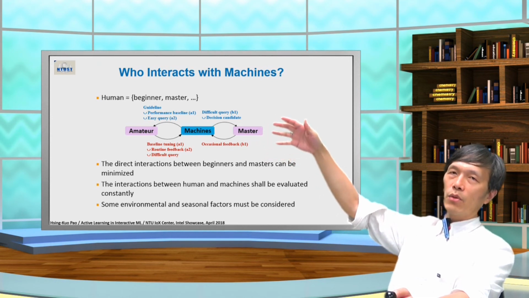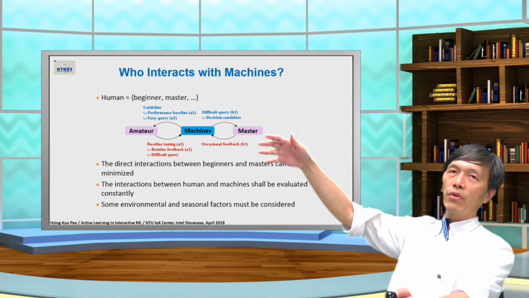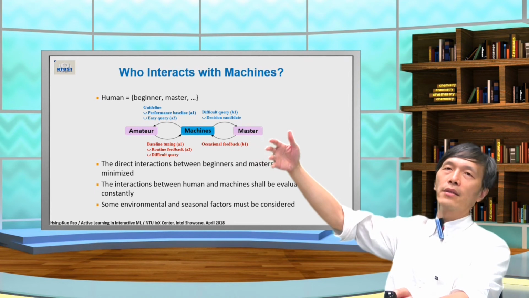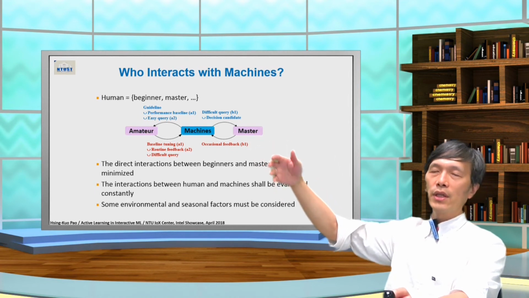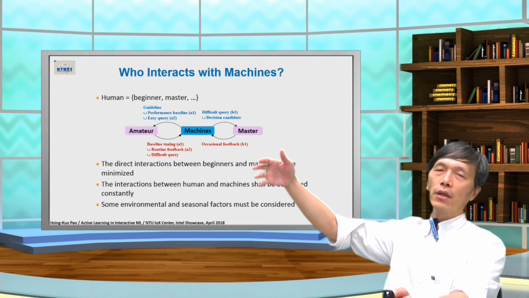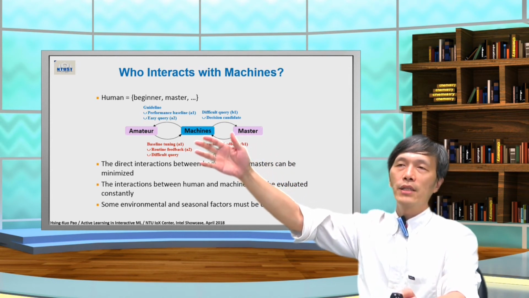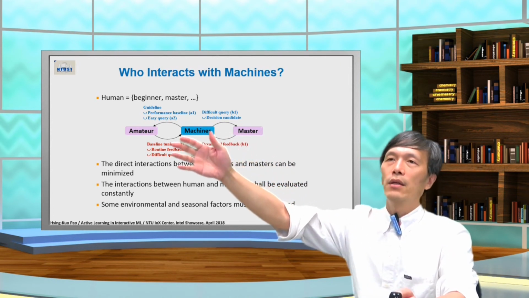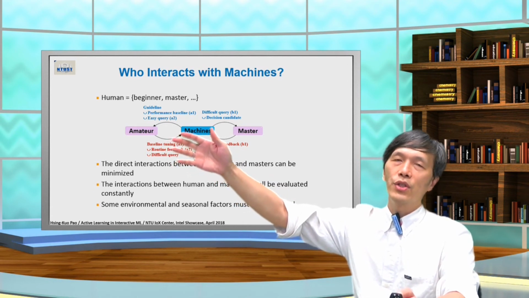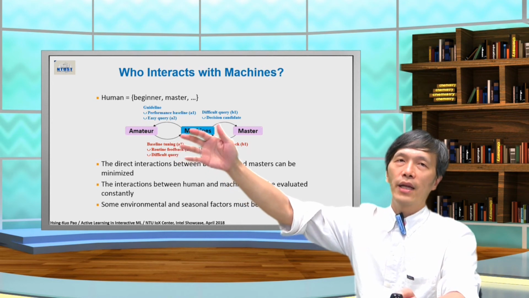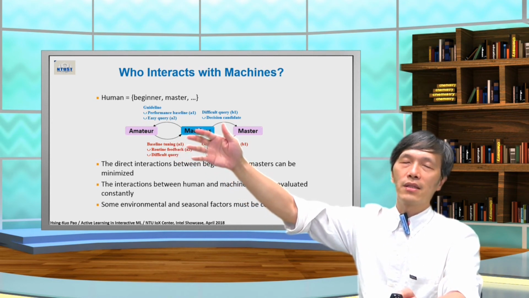For instance, the master will continuously provide label information to the machine, which is the regular active learning scenario. But what we want to say more is that between the machine and the novice, the machine may teach the novice when they are not good at some task.